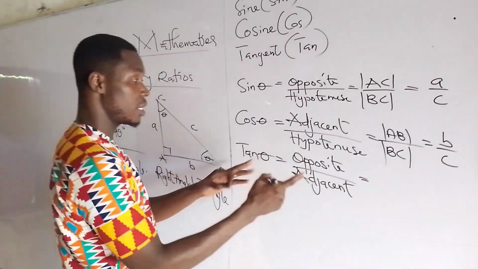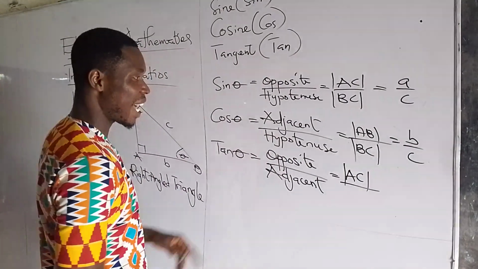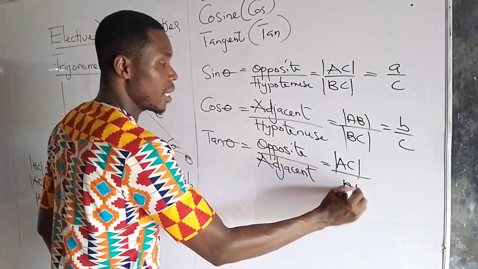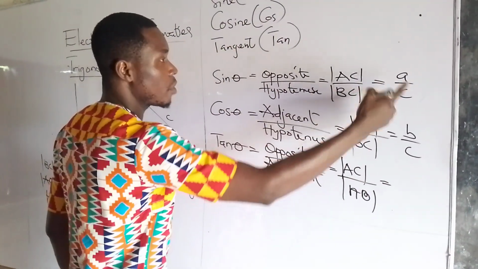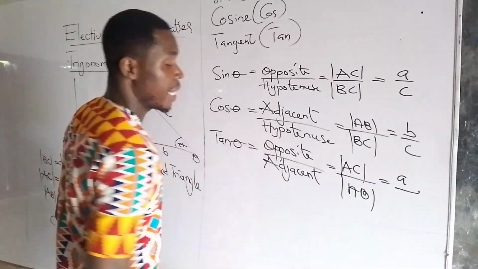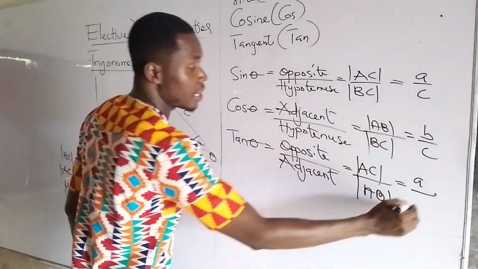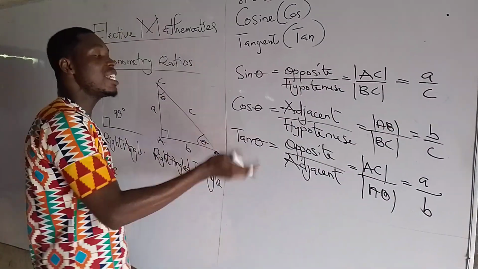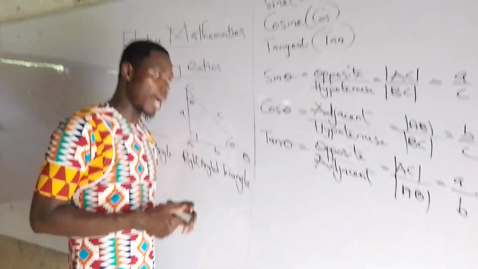Opposite is AC over adjacent, which is AB. Opposite is A, and AB is B. So these are the trigonometric ratios that we have.